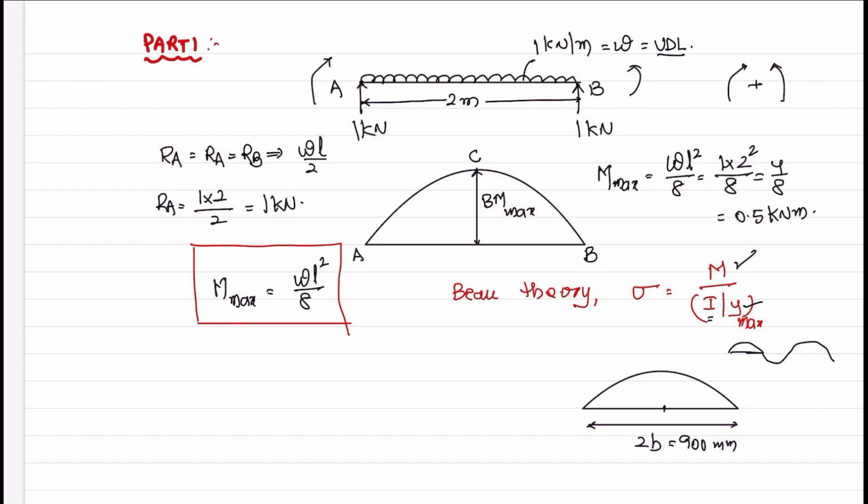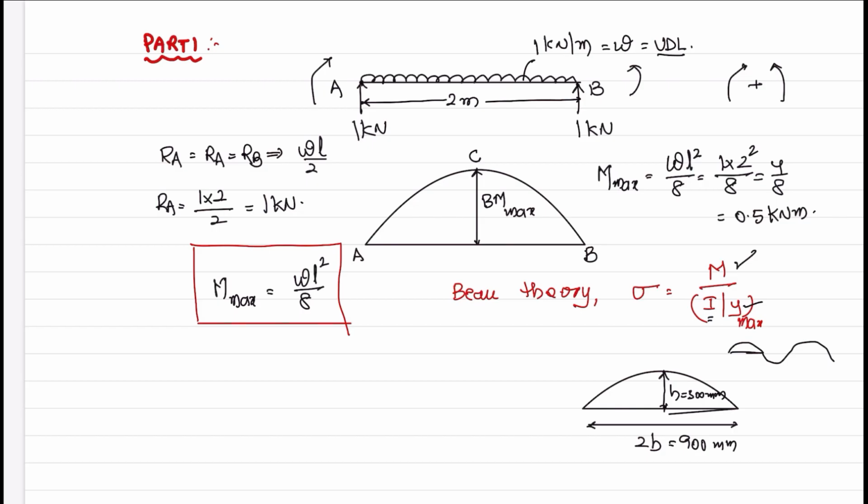Because of the uniformity, at the center it will have the highest height. This is h. What is the value of height? In the problem, the maximum height is 300 mm. And the total breadth is 2b.